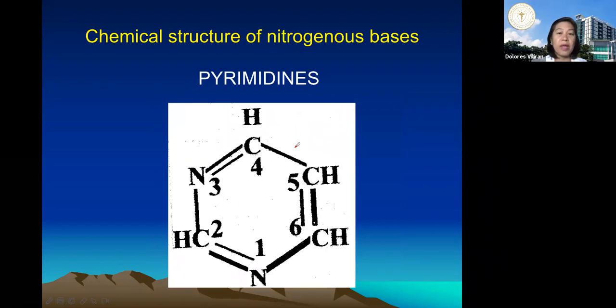So what are the pyrimidines again? Cytosine, uracil, and thymine. It's easy to remember why: because pyrimidines are CUT purines. CUT stands for cytosine, uracil, thymine. So you just remember the other 2 are classified as purines.